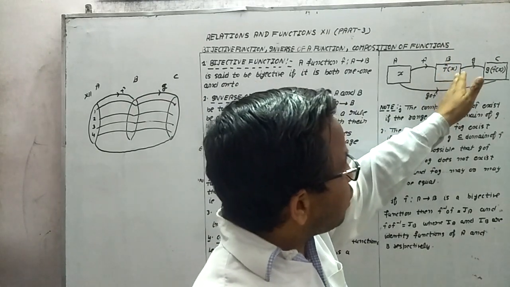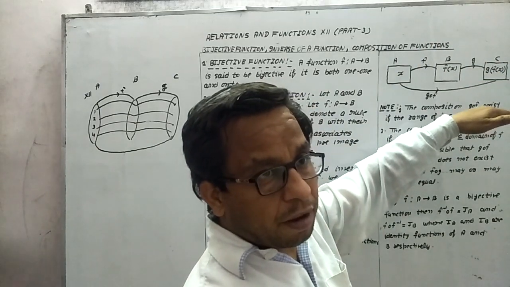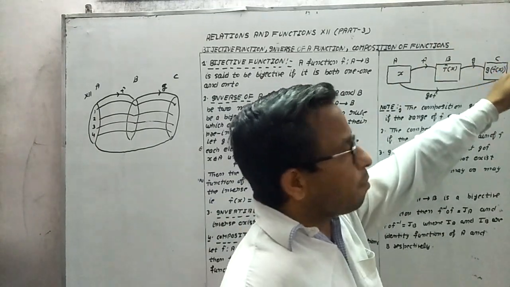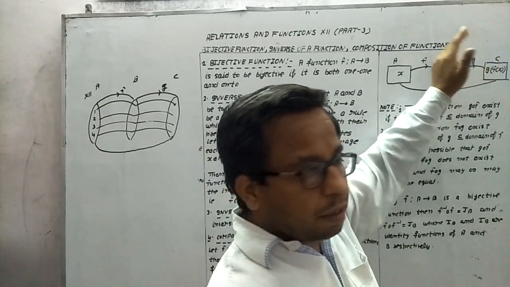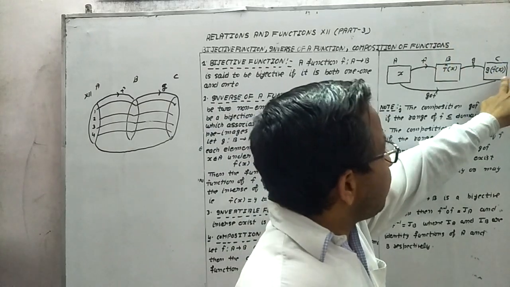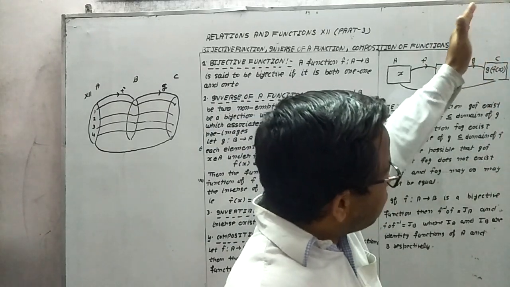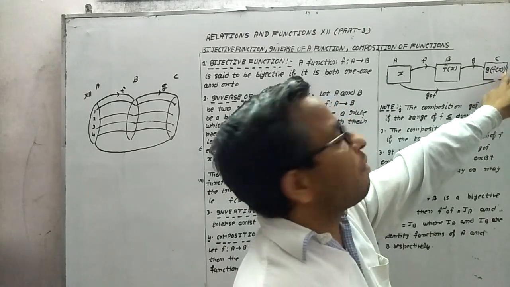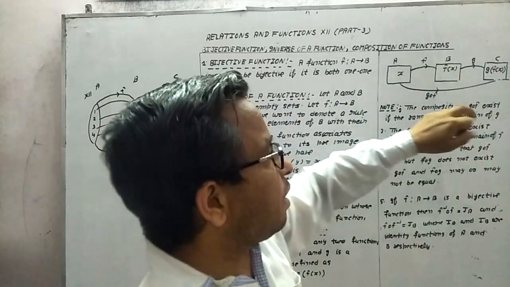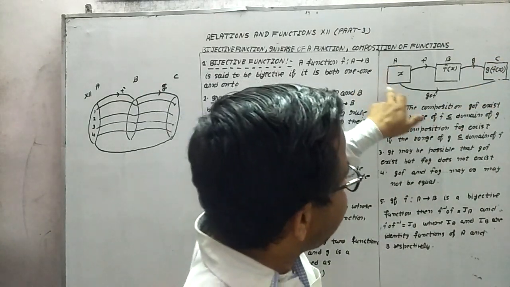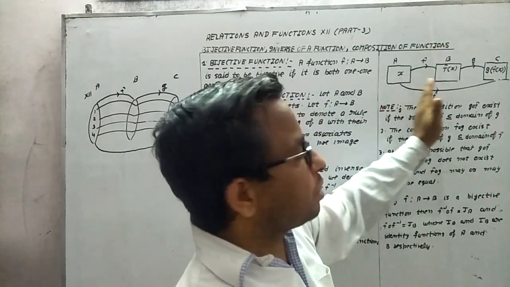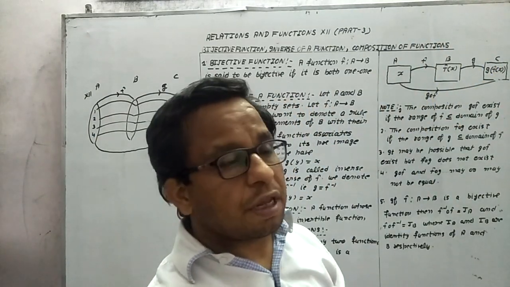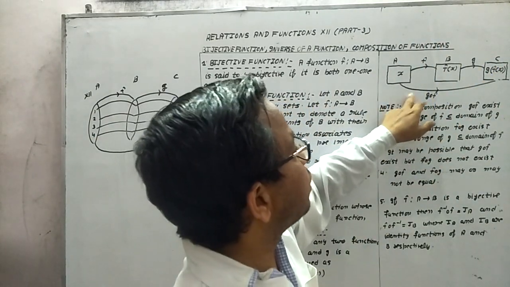And this set B is again connected by a function g to set C. The elements in set C will be in the form g(f(x)), and ultimately we will say that from A to C we have a function, which is denoted as gof.